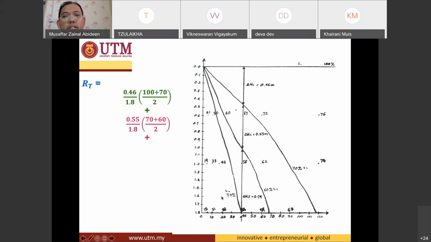That value is 0.79 divided by 1.8, and this line is 60% and this line is 54. Then you add them together, divide by 2, and you calculate these values, and you will obtain 66.6%, which has already been calculated by you guys during our first lecture.